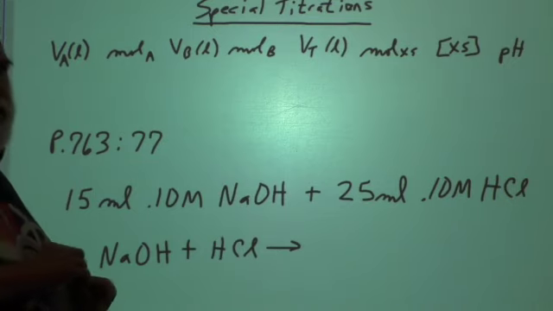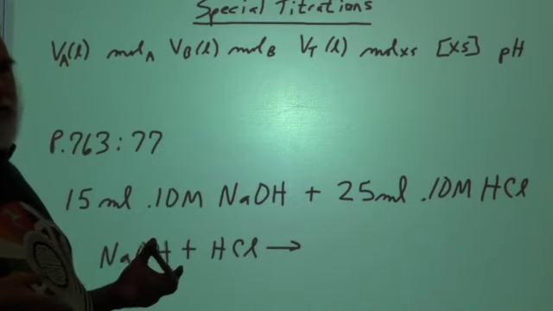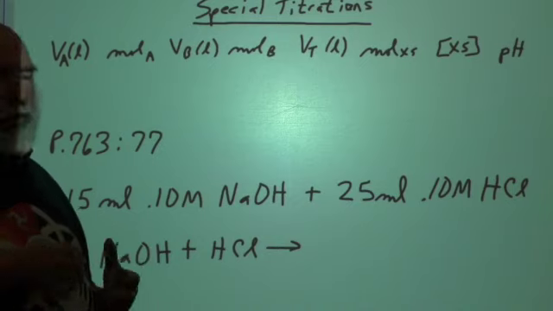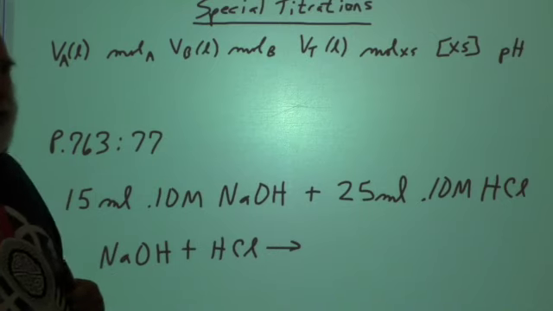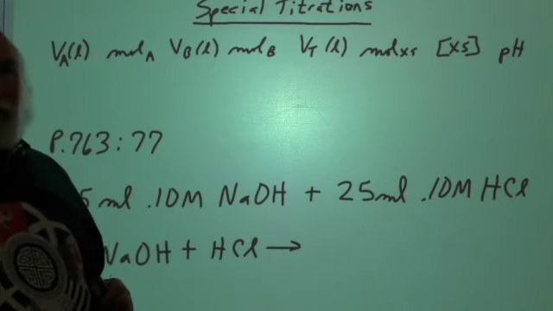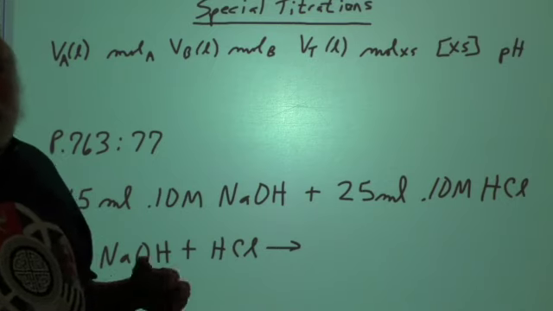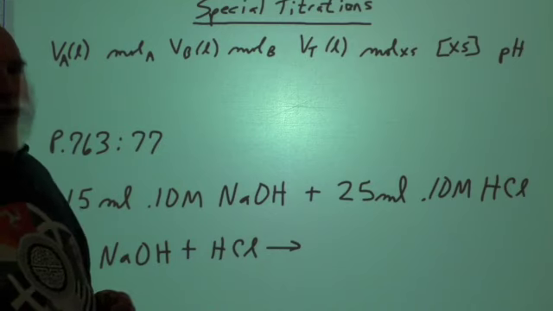Stage 2 is when you have more acid than base, or more base than acid, depending upon what your conditions are asking for. And the reverse is stage 4. And generally, with strong acid-strong base, it really makes no difference which one of those 2 there are. The crucial one is stage 3, which is the equivalence point.